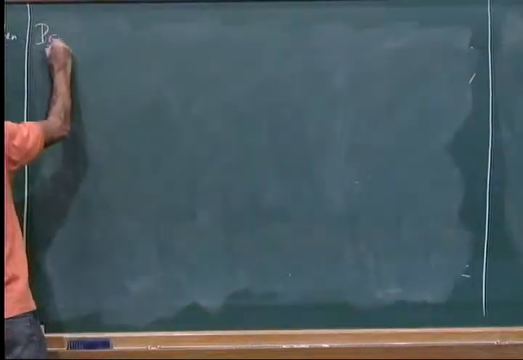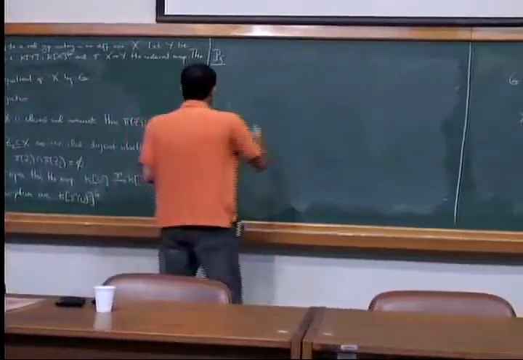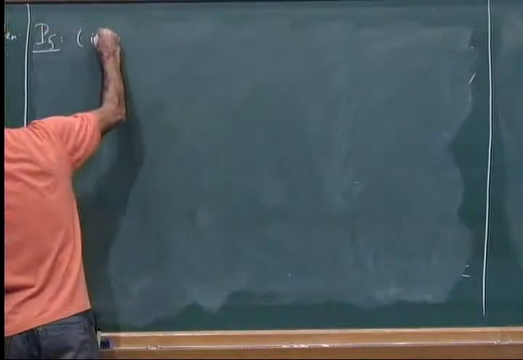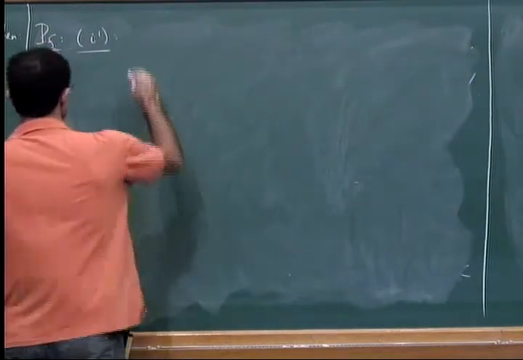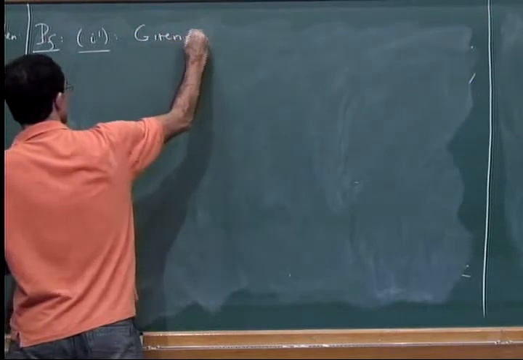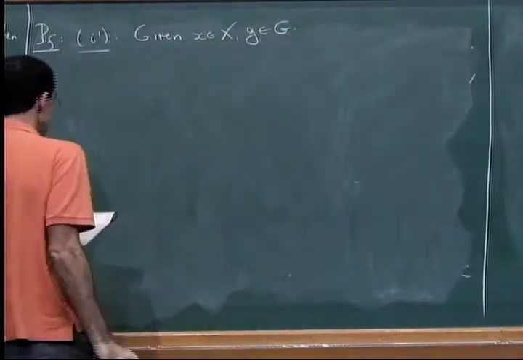Okay, so let's prove this. I'm actually going to prove everything here below and leave I for basically the end, except that I'm going to prove that the map collapses orbits, that sends orbits to points. That's simple. So given x in X and g in G, right?